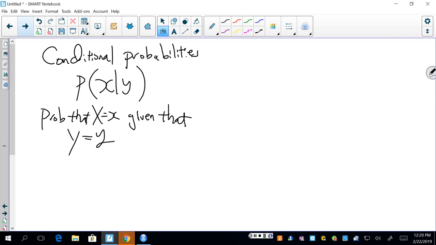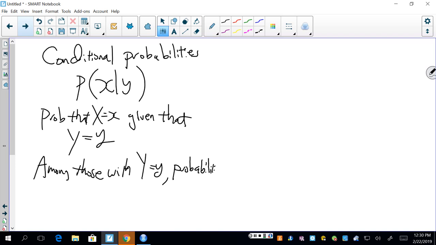Another way that might be phrased is among those at level y, what's the probabilities of x? So among those with y at that level, these are probabilities of x.